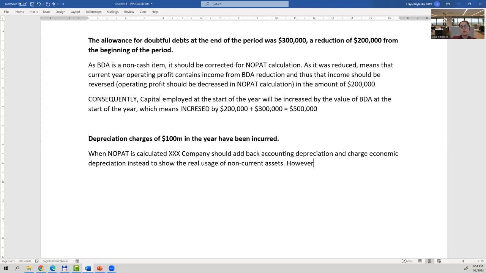However, as no economic depreciation is given, it is assumed that it equals accounting depreciation, and thus no adjustment is required.